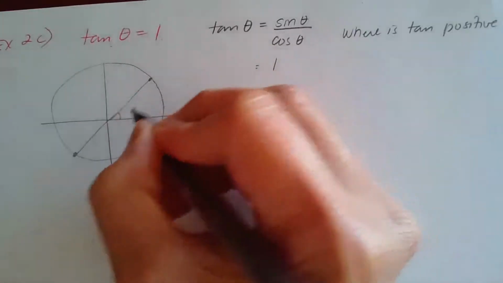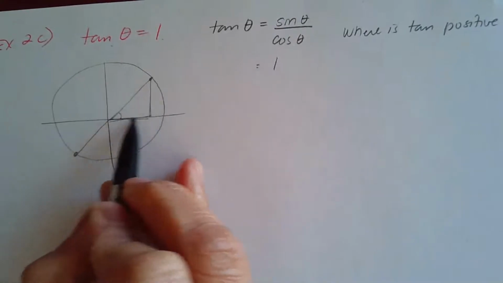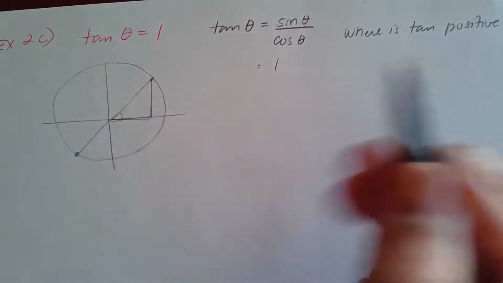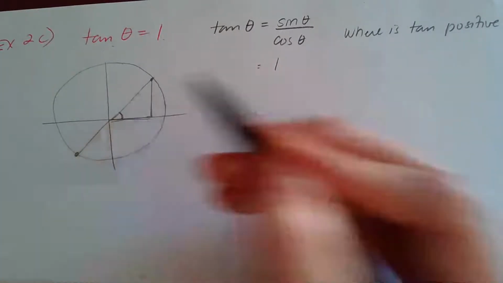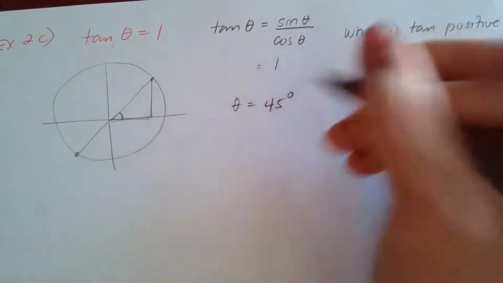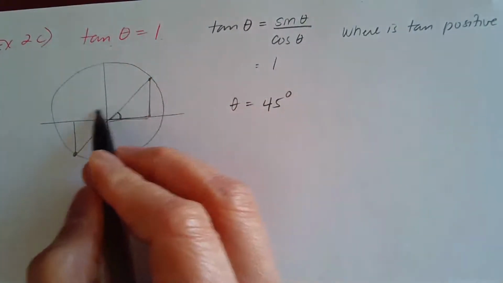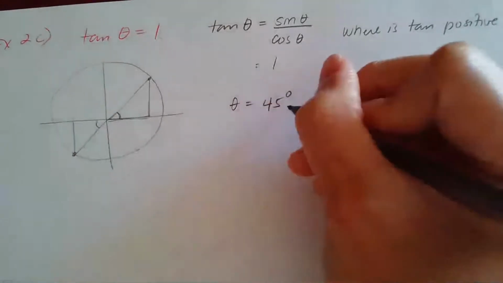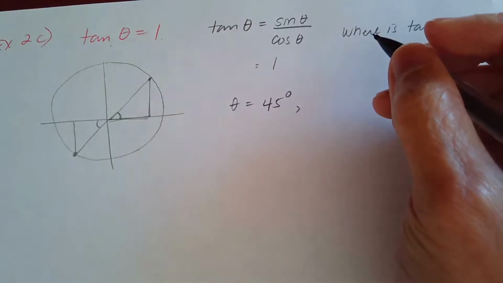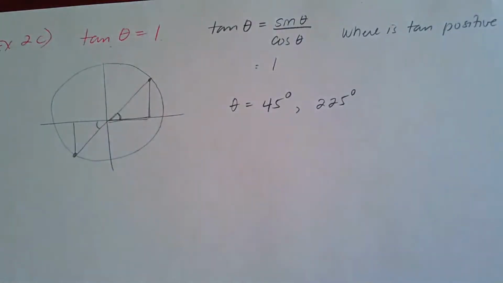In that case, the x and the y are the same, creating an isosceles triangle, so our angle is theta equal to 45 degrees in quadrant 1. Another one is in quadrant 3, which is 180 plus 45 degrees, which is 225 degrees.